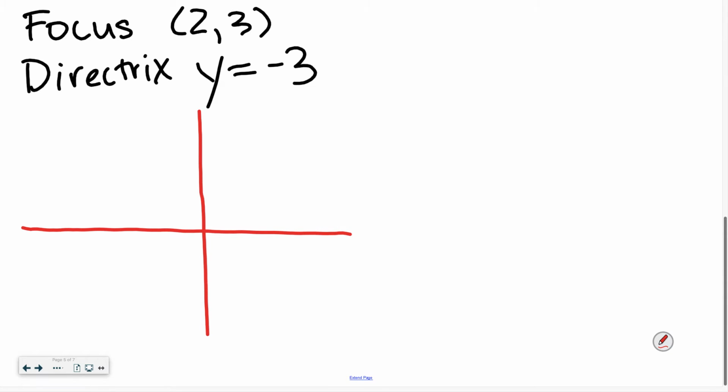Okay, so this is different, right? Because what did I not give you this time? Vertex. I did not give you the vertex. Do we have enough information to figure out the vertex? Yes. You bet.